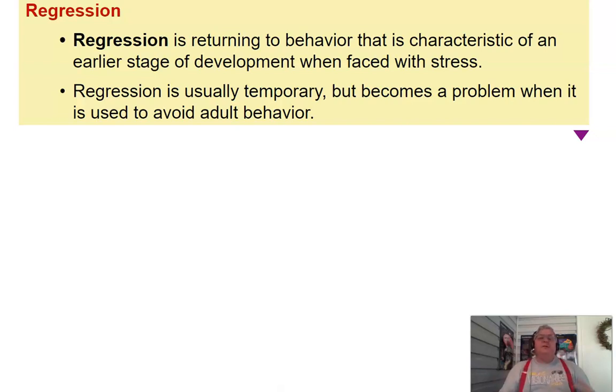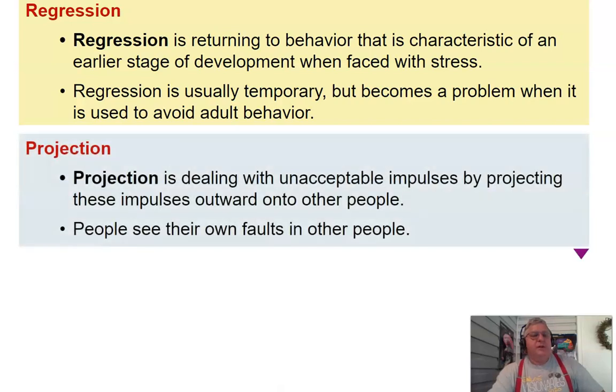You're regressing back to an earlier stage, to where you were a little kid, and that was acceptable. Not to say that there's anything wrong with it, but that is what you're going through. It's a defense mechanism that's used to cope with the situation.